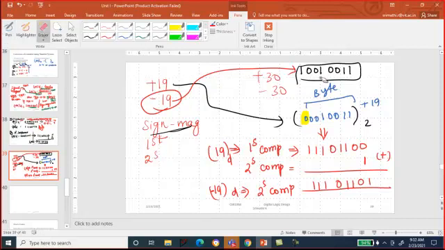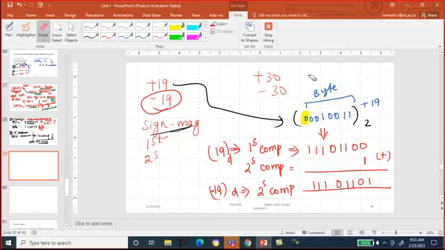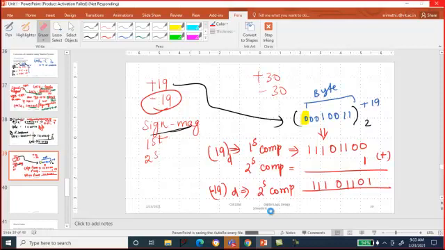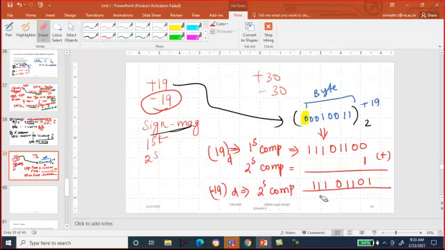As of now, forget about the most significant bit. Minus 19 will be represented by 2's complement. Only in sign magnitude form do you make the most significant bit 1. In complement form this will be the answer. In the calculator you will get the 2's complement this way. Check in your calculator that you are getting the correct answer.